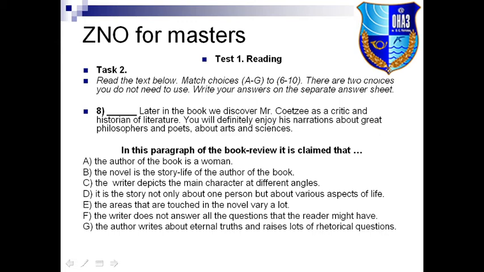Maybe in these arts and science, philosophers and poets, in their words or in the words about them, maybe some eternal truth, maybe some rhetorical questions, but nothing is said like that in the paragraph. Okay, more or less we see for now that E is a pretty correct answer.